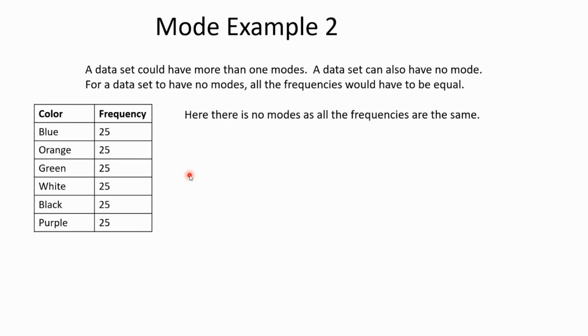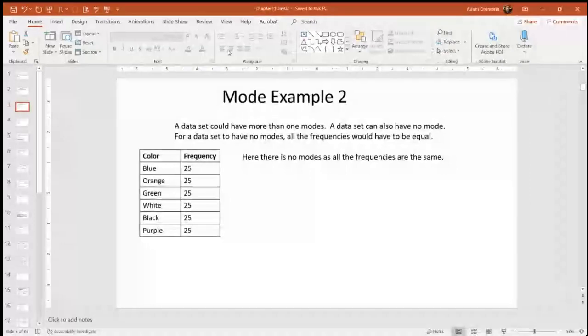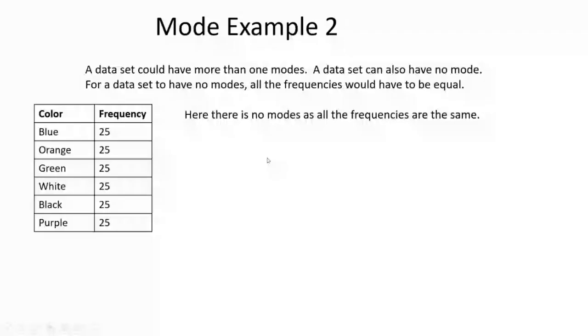This stuff I went through last time, and I also emailed everyone the notes, so you should have them in front of you. You can also have data that doesn't have a mode at all. For instance, look at this data set.